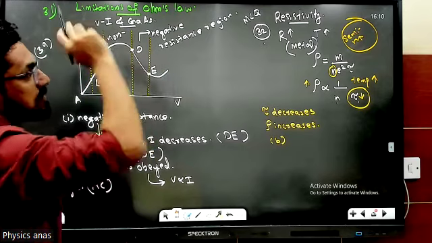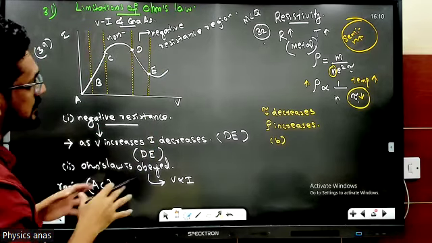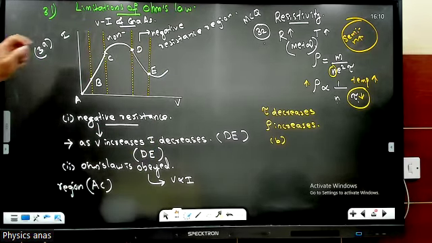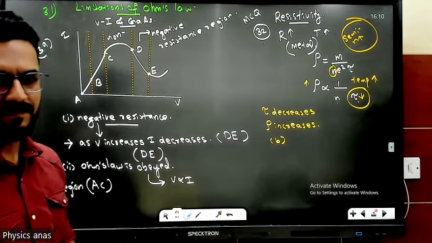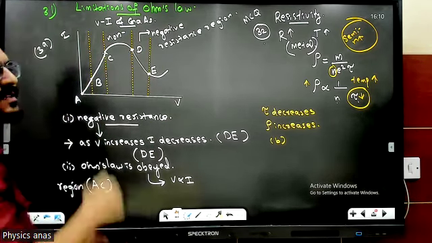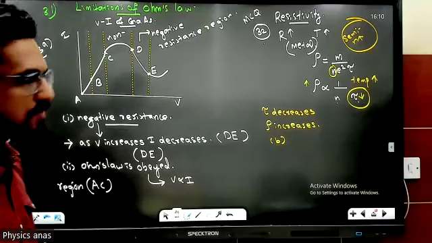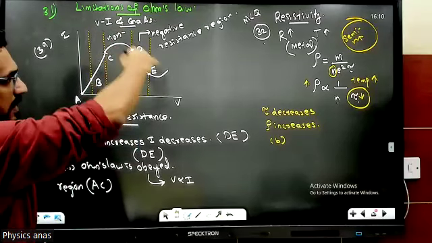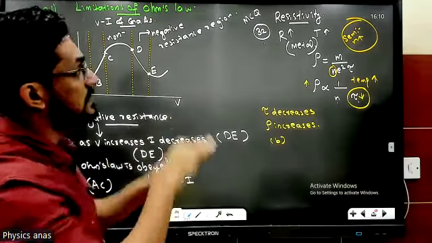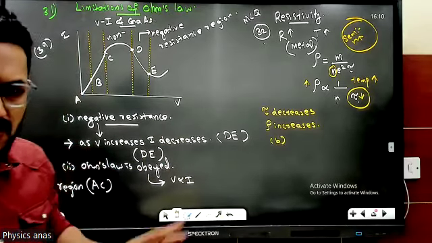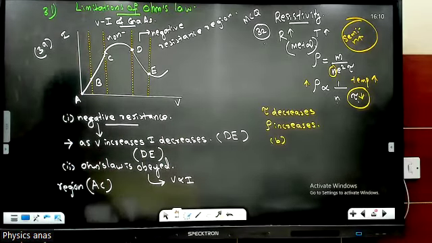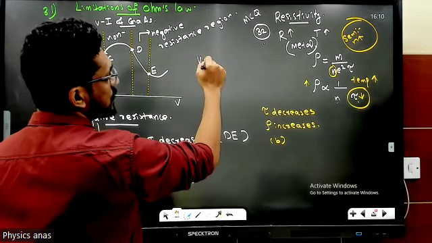Then there is a negative resistance region. From this, we can say that gallium arsenide is not obeying Ohm's law. Up to some point it roughly obeys Ohm's law, but then there is a non-linear region and a negative resistance region. Ohm's law says voltage is proportional to current.